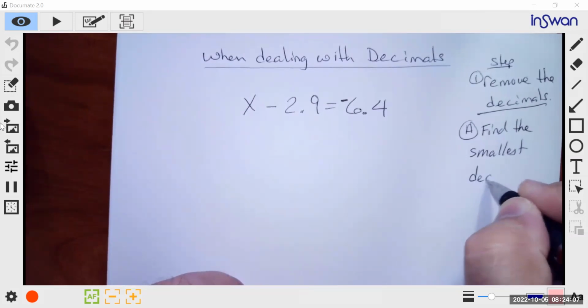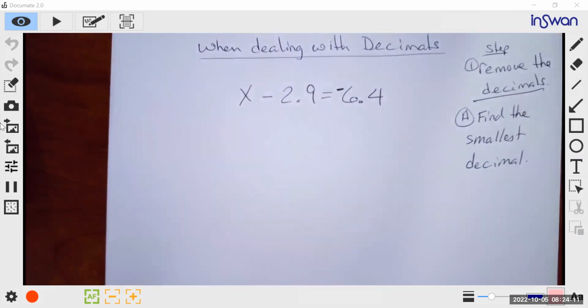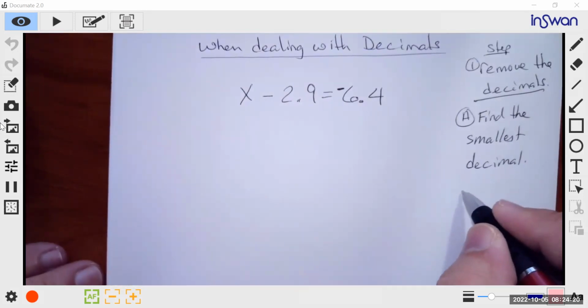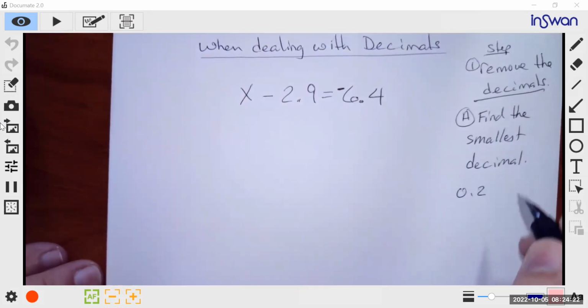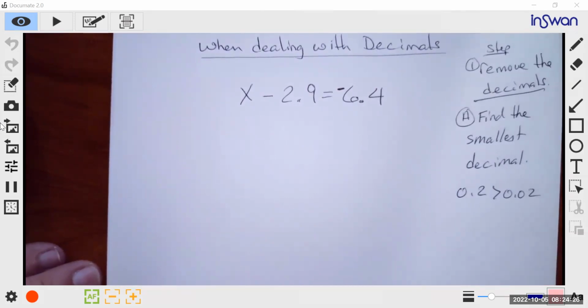Find the smallest decimal. Well, what is the smallest decimal? What I mean by that is 0.2 is bigger than 0.02.